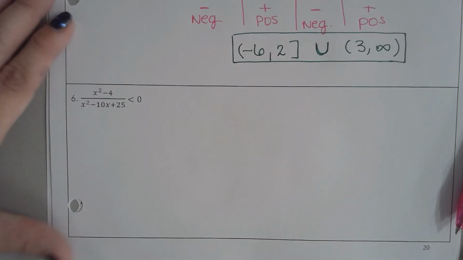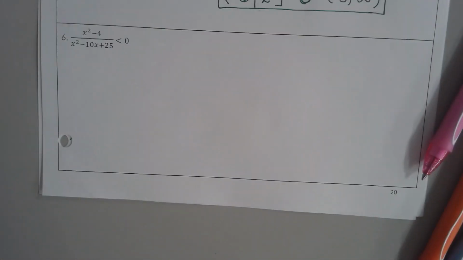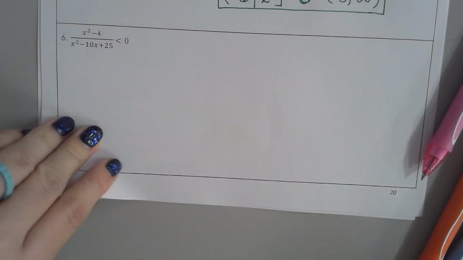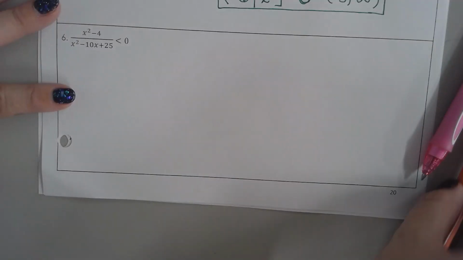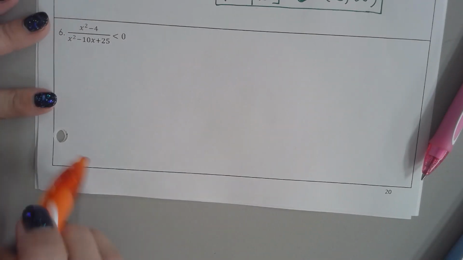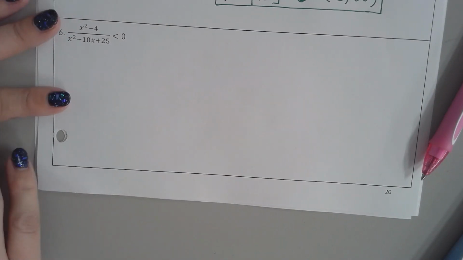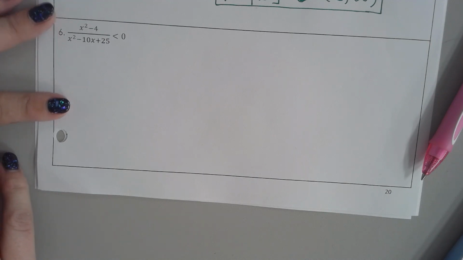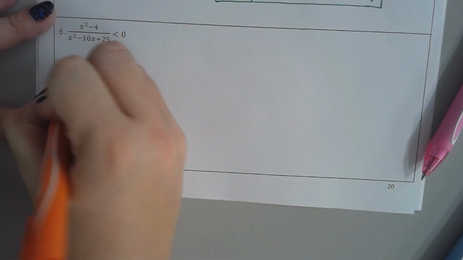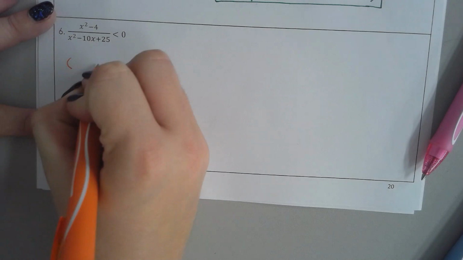So let's try another one. Number 6, this one is not factored. X squared minus 4 is a difference of squares. What does that factor into?